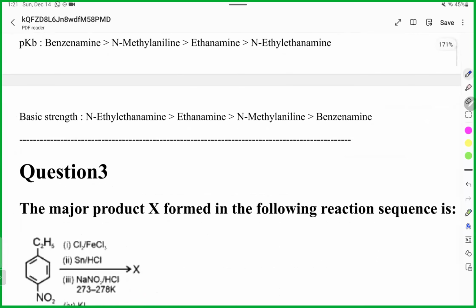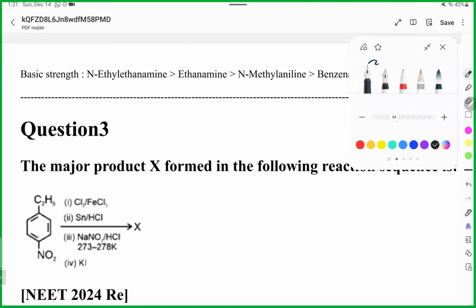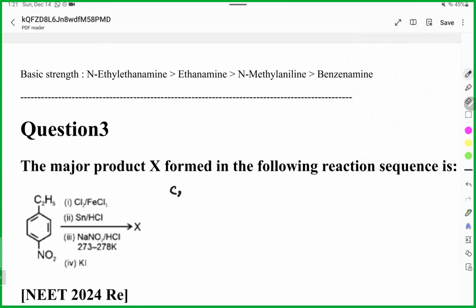Which of the following is the major product in this? First, take C2H5 and NO2 and react with chlorine and FeCl3. When parents go with the children, it will go to school, the ortho para position.